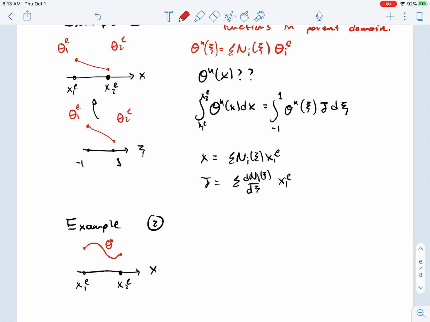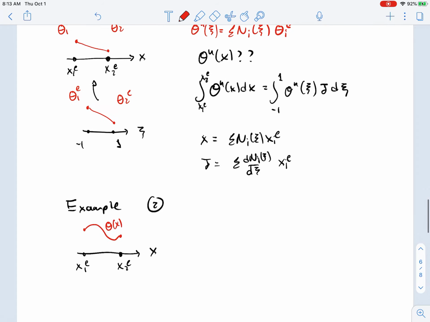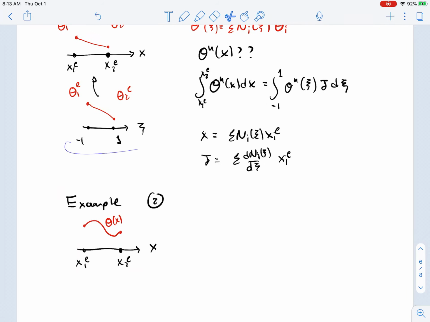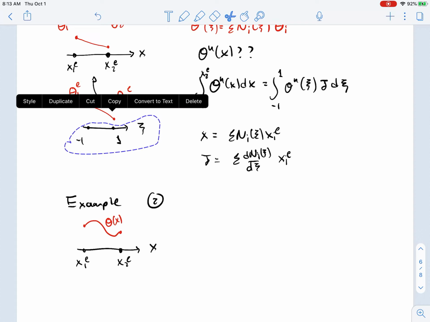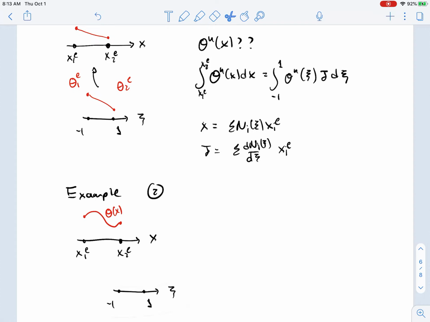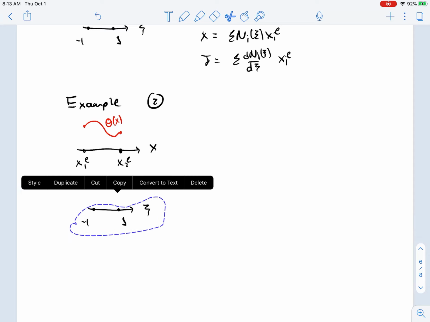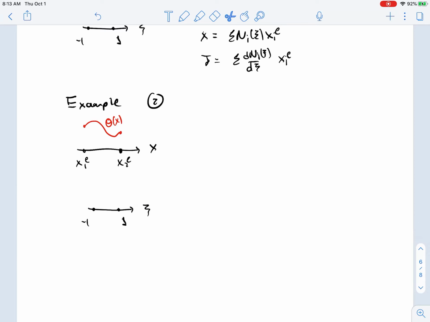Let's say we have x1e and x2e, and I don't have an approximate theta, but I actually have the true theta. This is theta, not h. This is not an approximated function. This is actual theta of x. Let's say I have that, right?